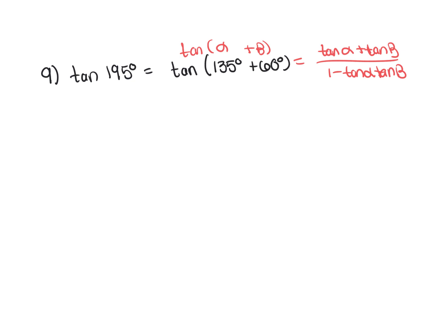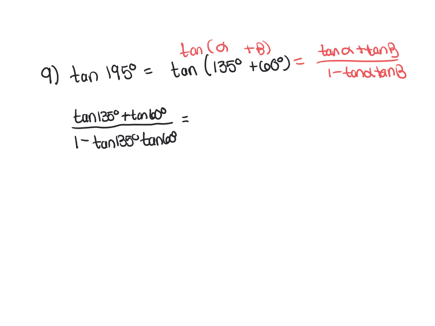So if I plug in what I have, tangent of 135 degrees plus tangent of 60 degrees over 1 minus tangent of 135 degrees times tangent of 60 degrees. You have to know your circle for your test. You must.